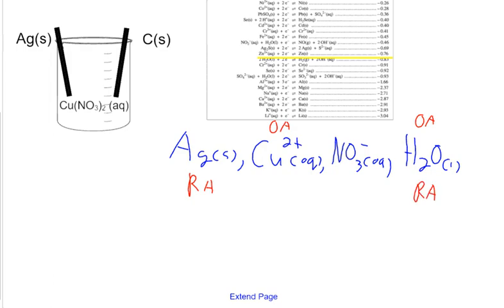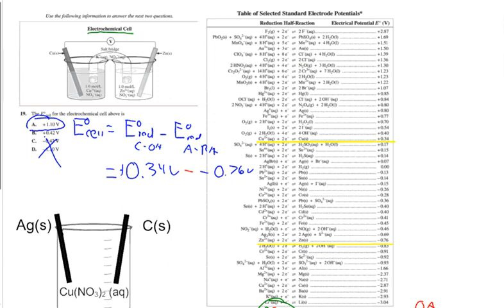And water I will double label. So our strongest oxidizing agent between copper and water is copper. So we're going to need to take that voltage first. So there's our copper that beat out water.